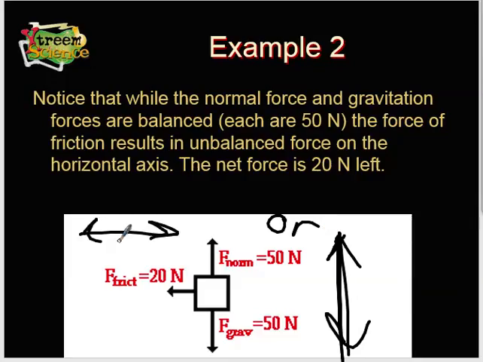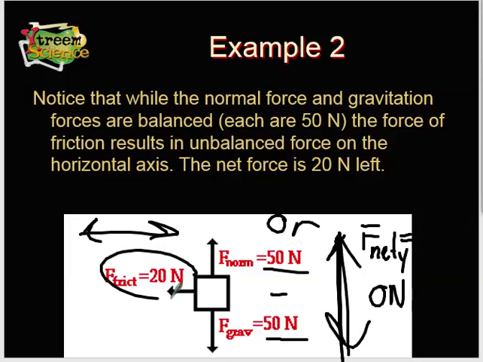And so what we see here is I have a 50 Newton force up and a 50 Newton force down. So what am I going to do with those two? Subtract. So what's my net force vertically? The net force vertically, which I can call F net Y, would be 0 newtons. But let's look at it horizontally. Horizontally, I have a net force of 20 newtons pointing which way? To the left. So there's a net force 20 newtons to the left there.